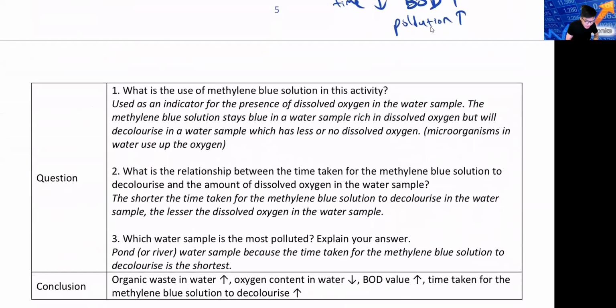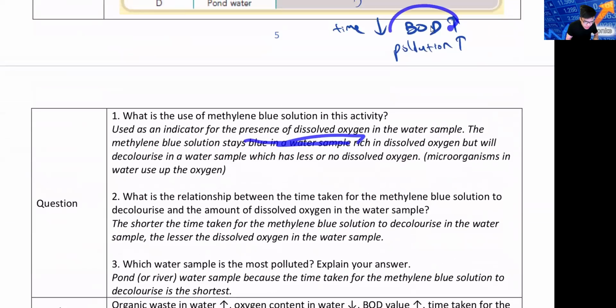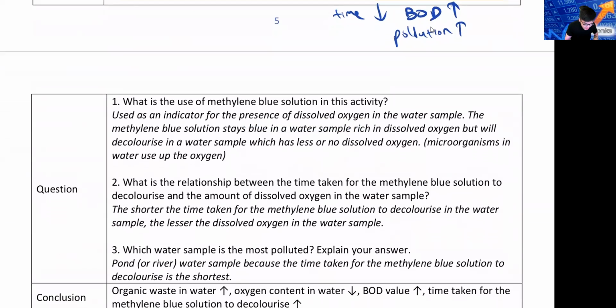So as you can see, what is the use of this methylene blue? Okay, this is to indicate the presence of dissolved oxygen, to find out how much oxygen is inside your water. So if your water is very clean, there's a lot of oxygen inside. Okay, they will decolorize in a water sample that has less or no dissolved oxygen.